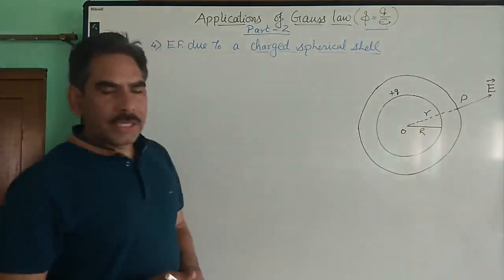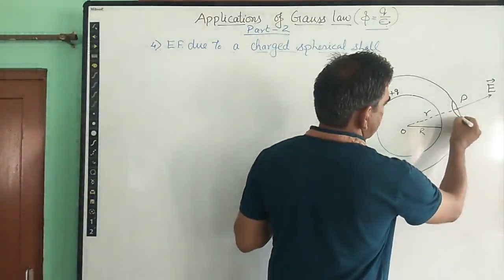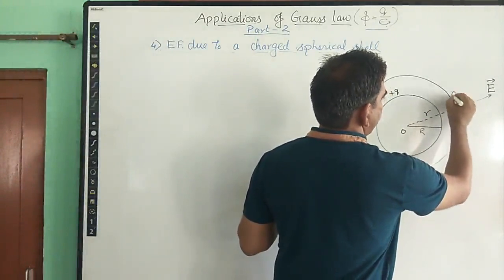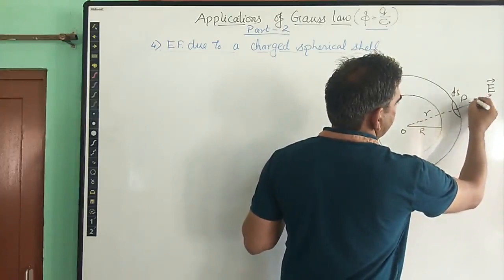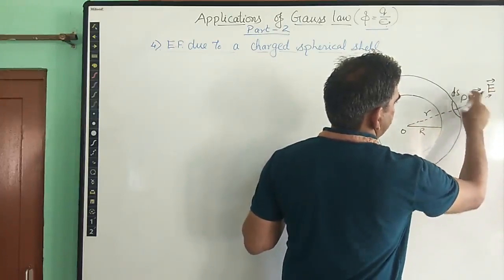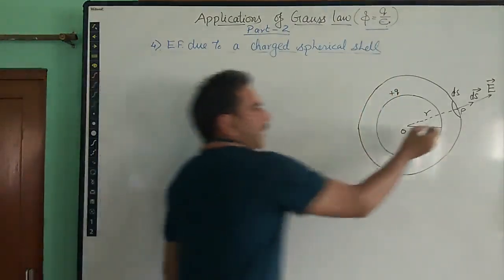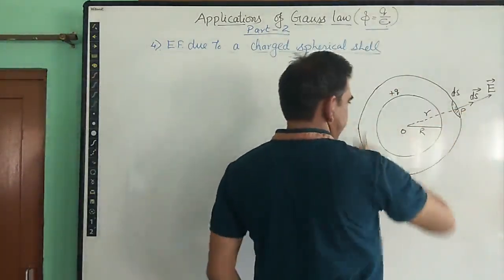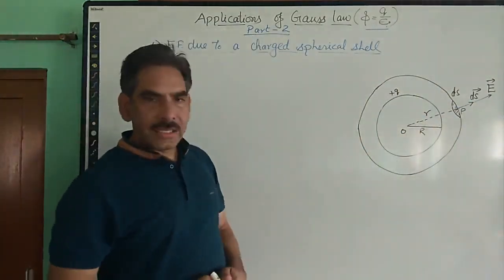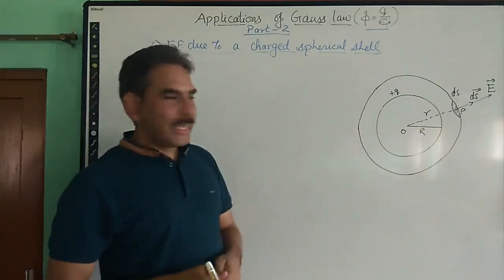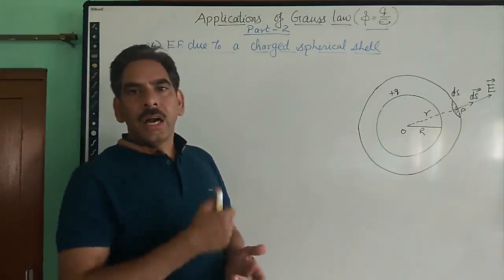In order to apply the Gauss law, we take an elementary part of this Gaussian surface of magnitude dS, with area vector dS vector. So we consider this very small portion of the area of this Gaussian spherical surface dS, for which we draw the area vector dS vector as we have shown here, which will always be normal to the surface and radially outward.